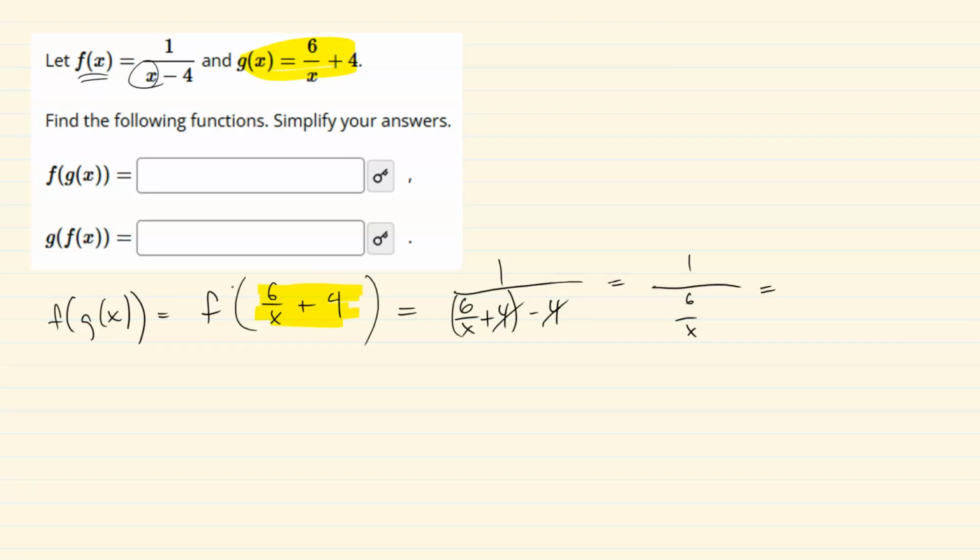If you think about this, this is 1 divided by 6 over x. This becomes 1 multiplied by x over 6, and that just becomes x over 6. 1 multiplied by anything is just itself. So x over 6 is the simplified form. So I would put in x over 6 here.